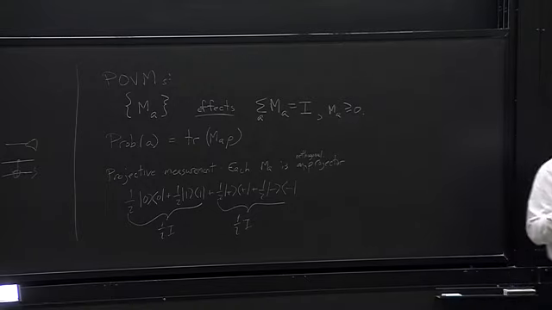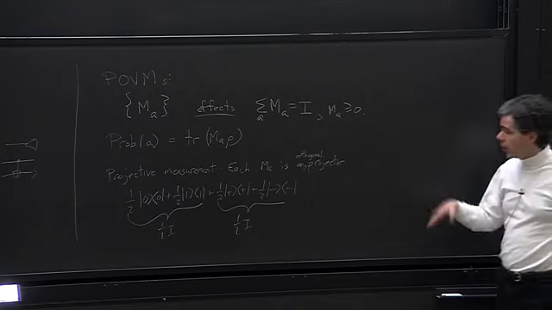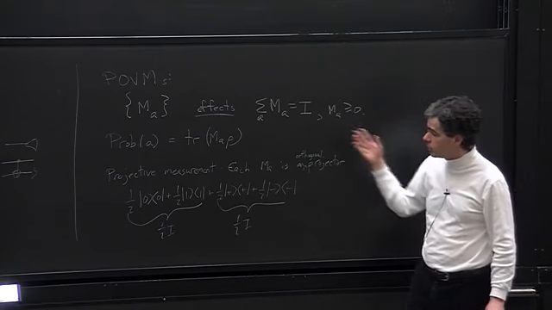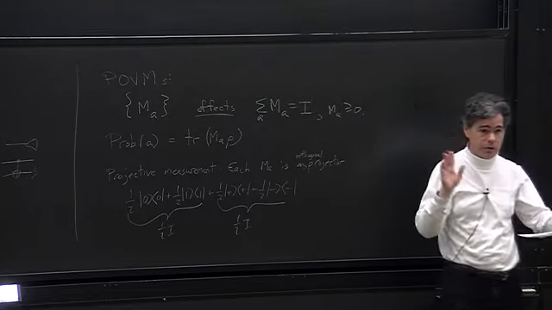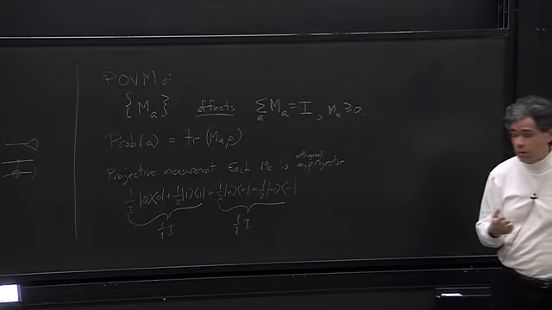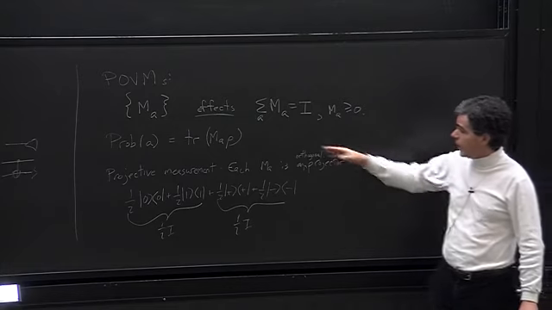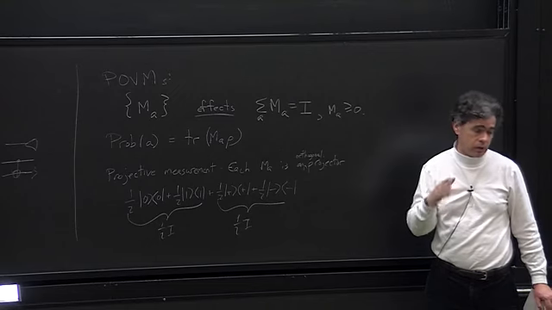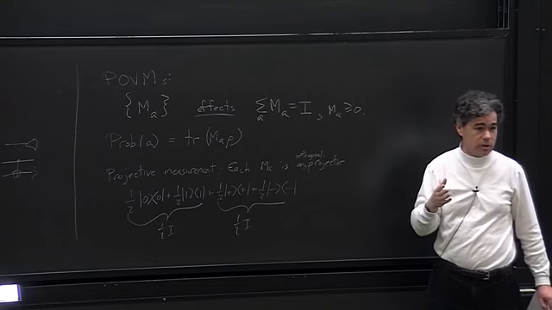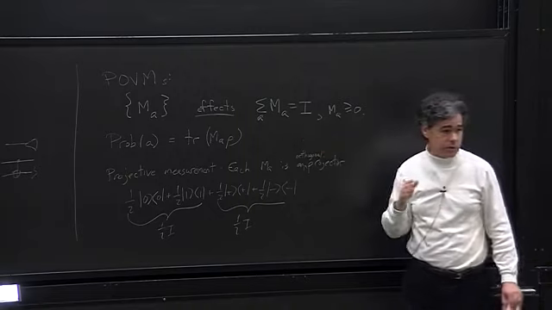OK, so it also includes measurements which are not easily representable as projective measurements. You can have much more elaborate and complicated things. In fact, the number of outcomes can be arbitrarily large, but you can have other kinds of projectors. And really you can take pretty much any positive matrix here, and any set of positive matrices.